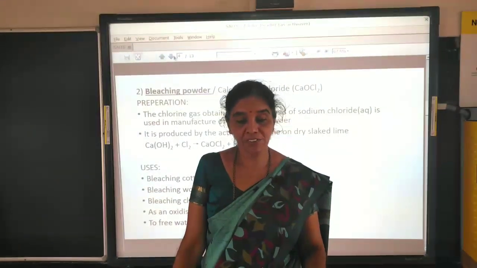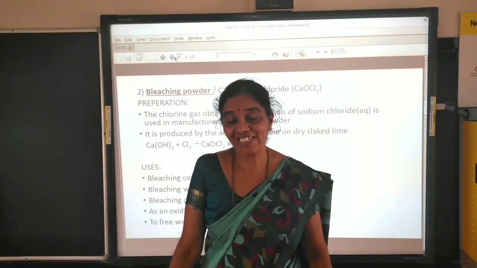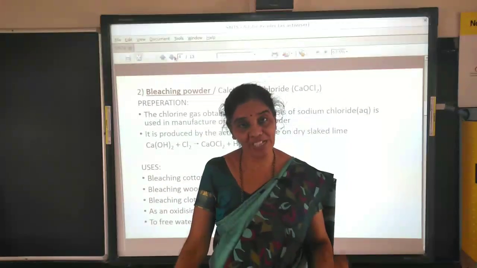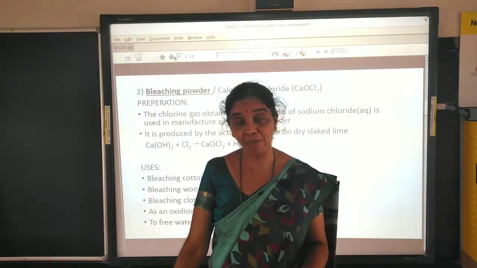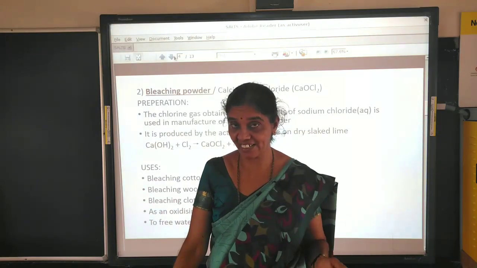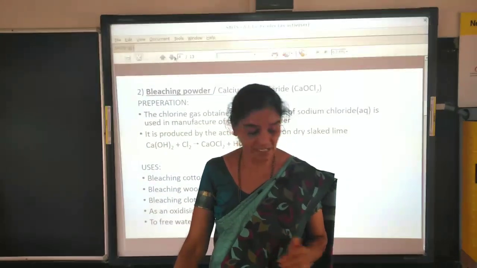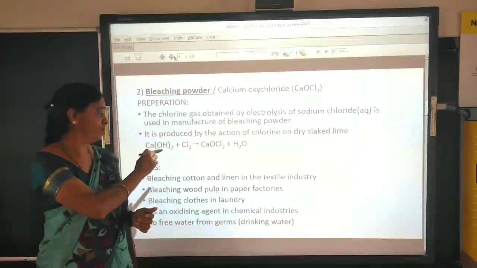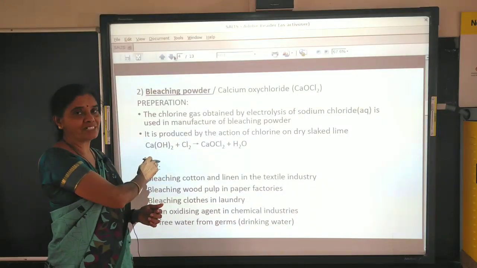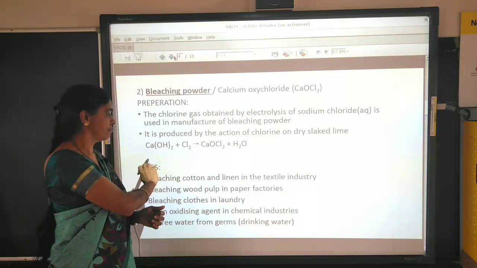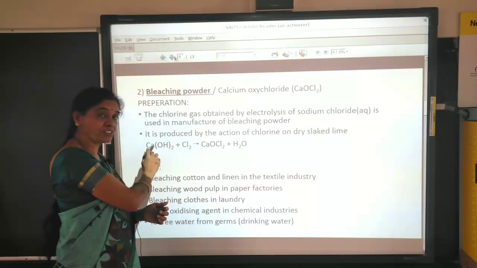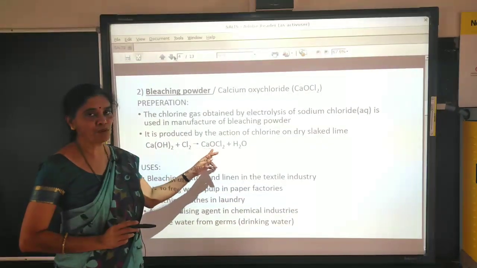Now you have to take slaked lime, calcium hydroxide. By the action of chlorine gas on dry slaked lime, you will get bleaching powder. You see the reaction: calcium hydroxide, the chemical formula of slaked lime, then you pass dry chlorine gas, and you will get calcium oxychloride or bleaching powder.